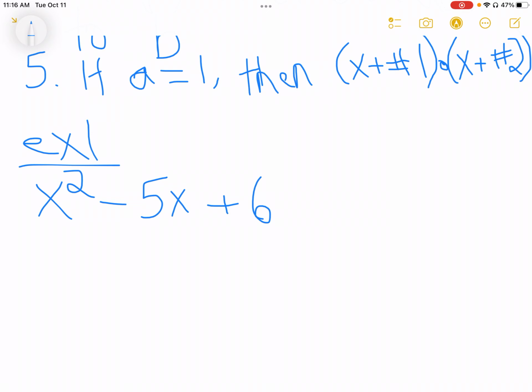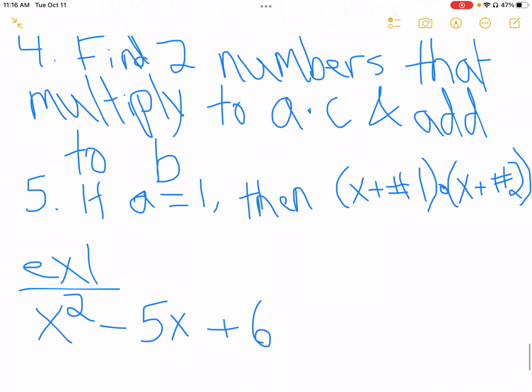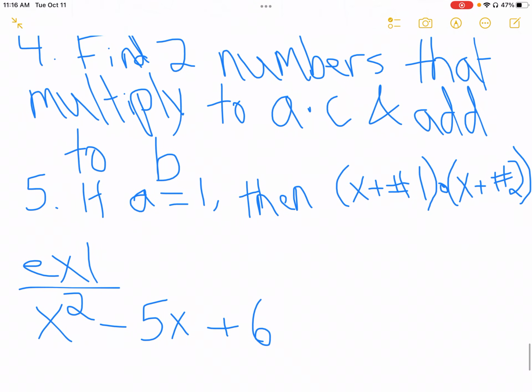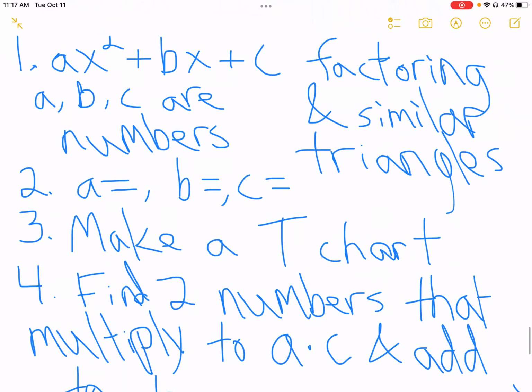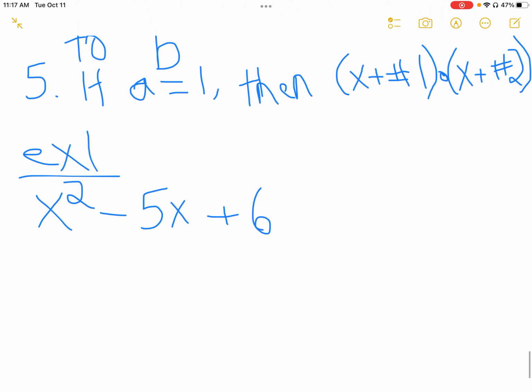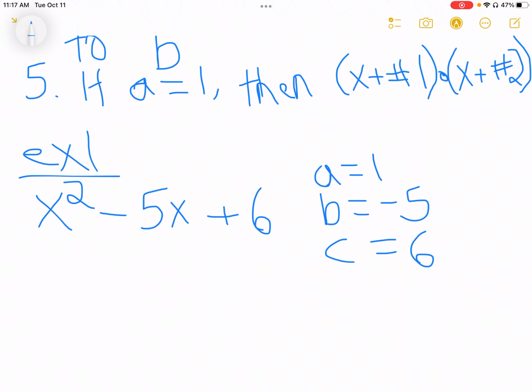We did this last year. But let's go back up here. If I have x squared minus 5x plus 6, and say, okay, identify the numbers. I could write them out: my a number is 1, my b number is minus 5, and my c number is just 6. And now I need to set up my t-chart.